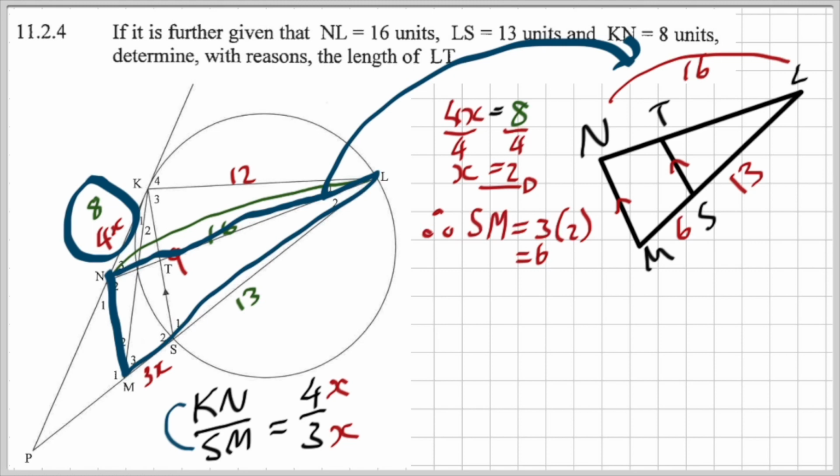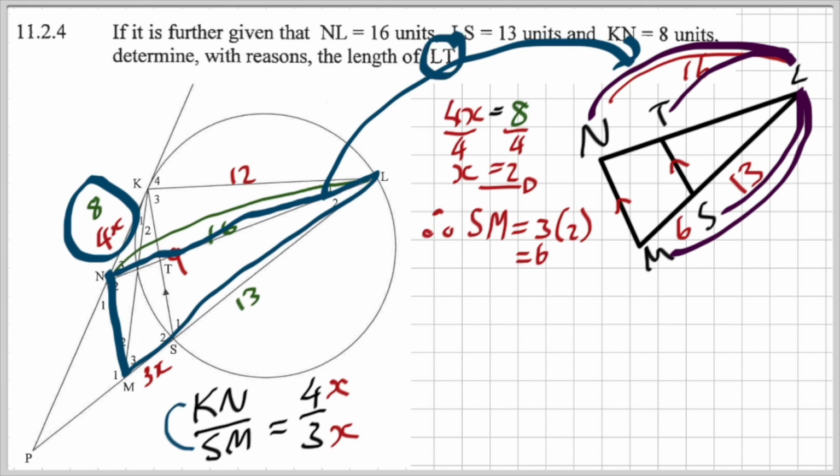So for me to actually use theorem 1, I'm going to say, well, LT over LN is the same as LS over LM. Why do I put LT at the top? Because that was asked of me. So LT over LN is LS over LM.